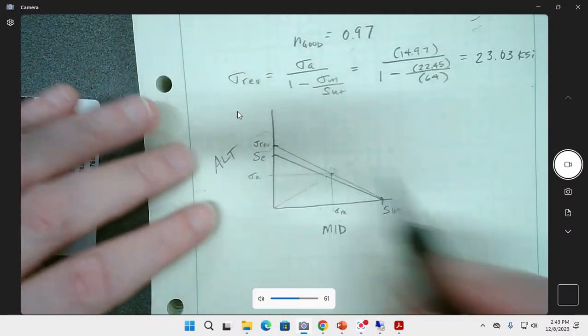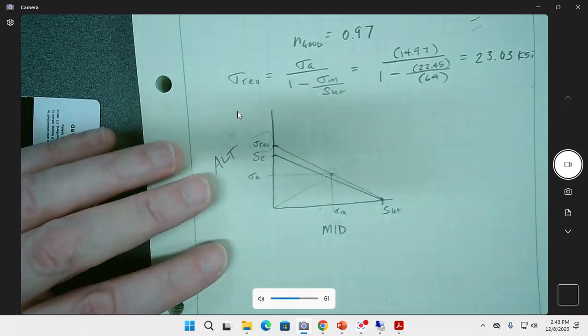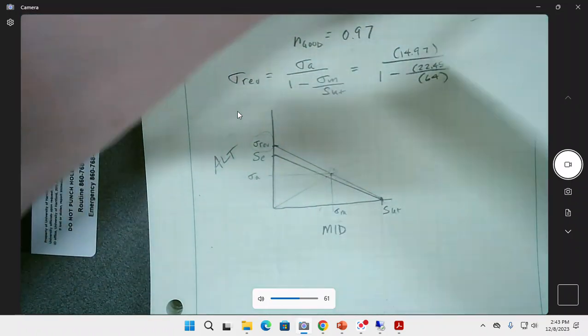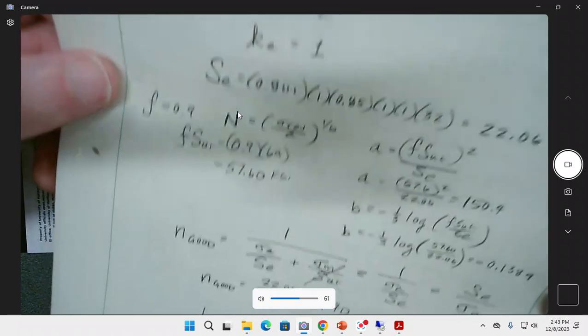With that, we would say, let's predict the life based on this.